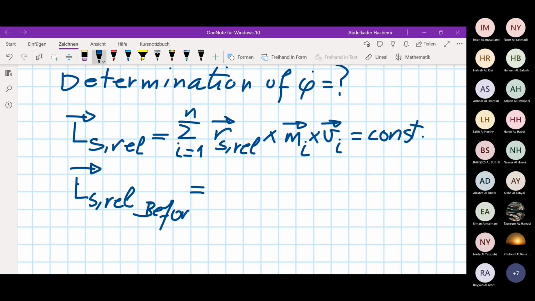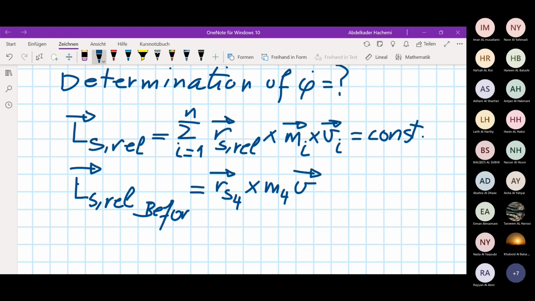This will be equal to R S4, as only the mass 4 before the impact, only the mass 4, and 4 has velocity. Then it means here cross m4 multiplied by the velocity v.